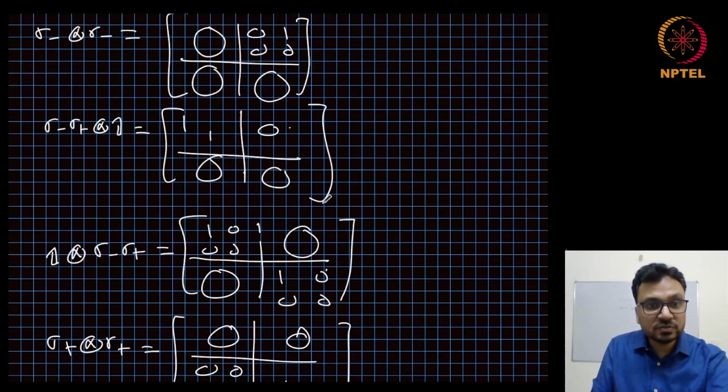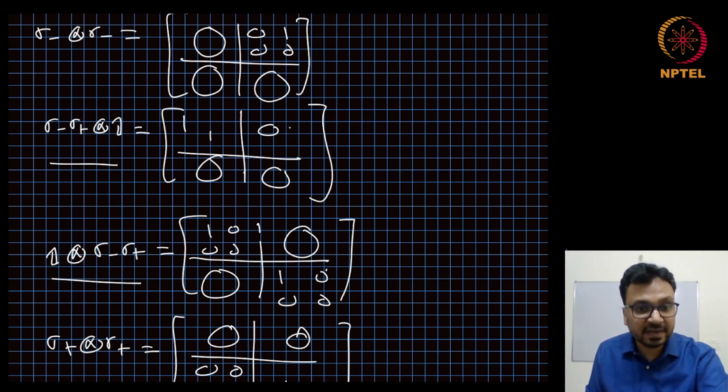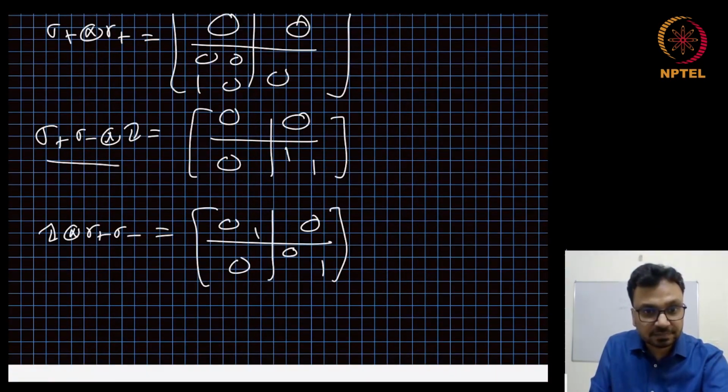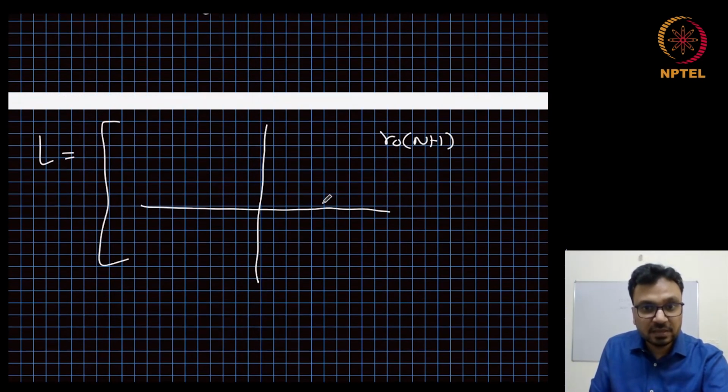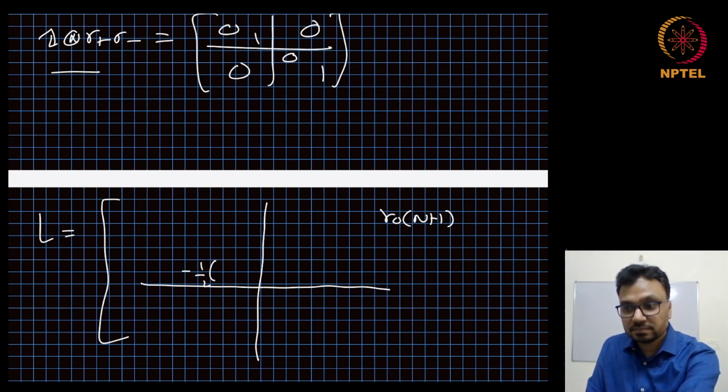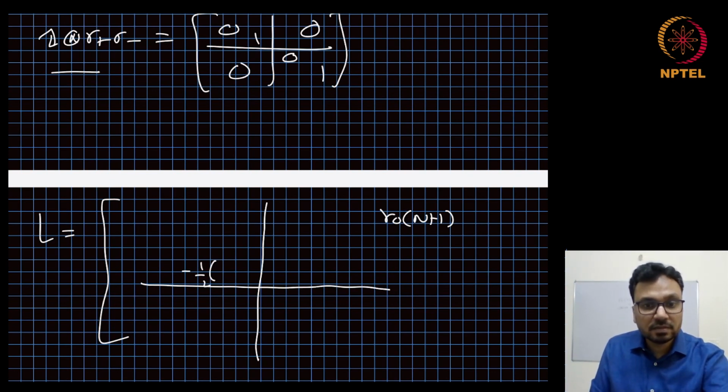So these two terms come with minus half gamma naught (n plus 1).